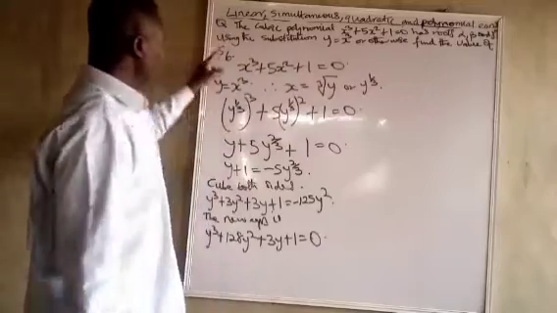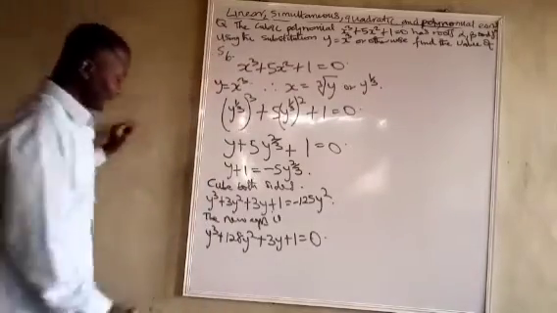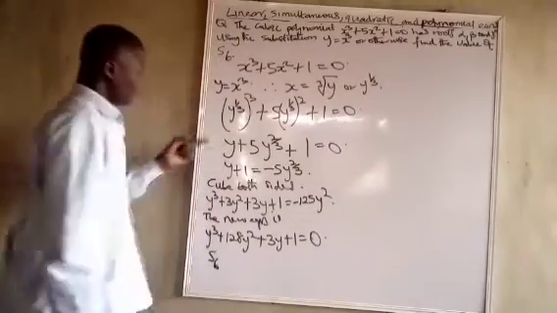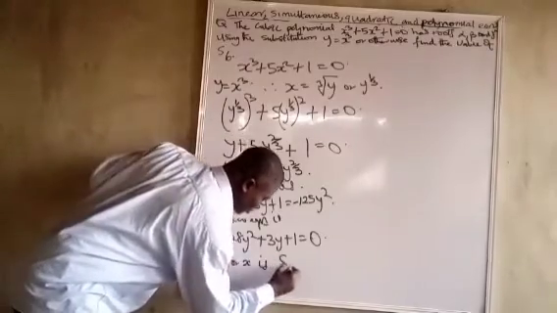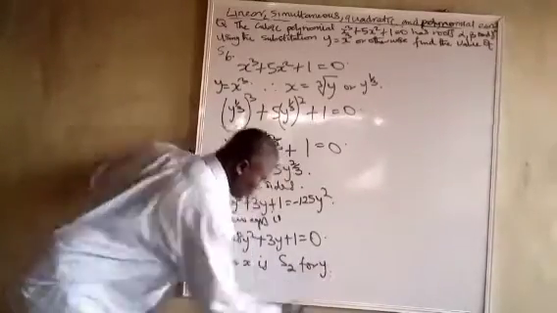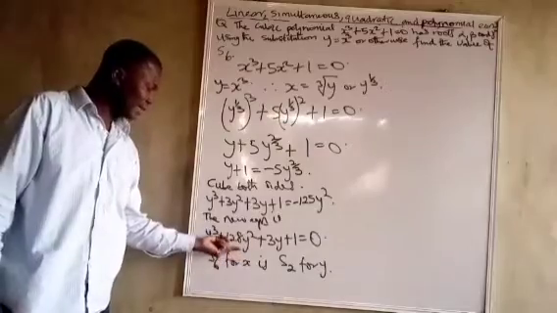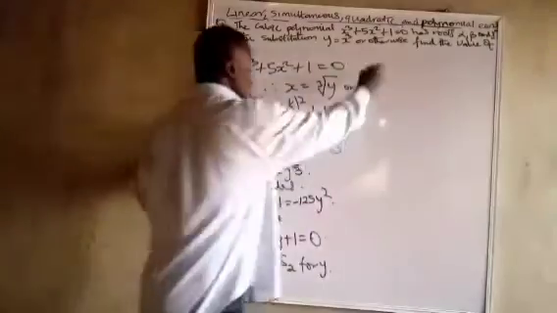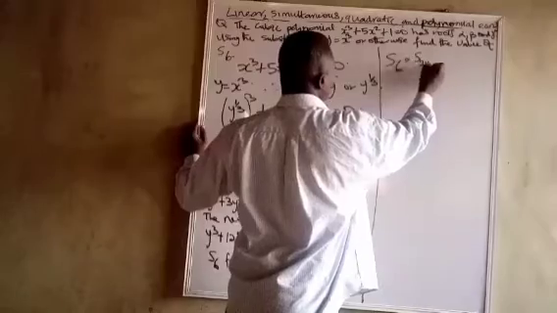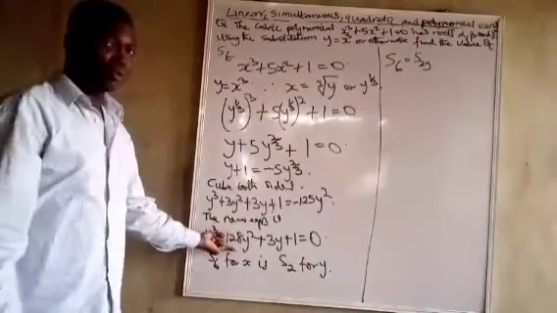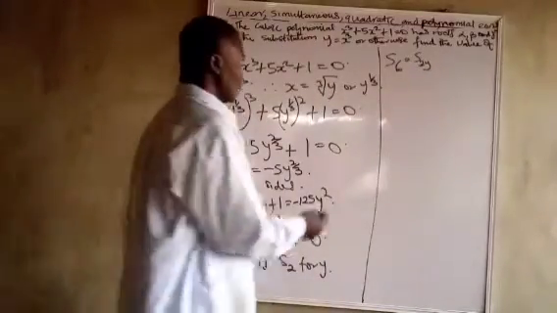Now we have to find s6, and this s6 for x is s2 for y. So what does that mean? I'm going to find s2 of y. That's what it means. So s6 is equal to s2 of y, and I'm going to get it using the formula.